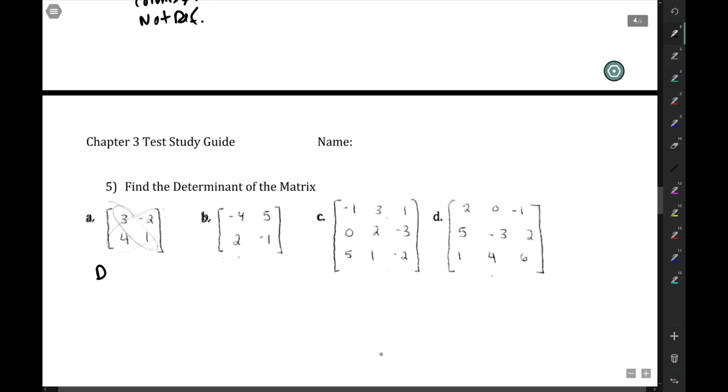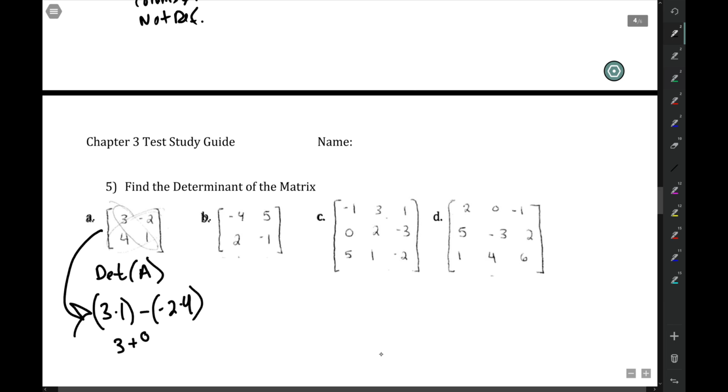Determinant, that's all in your calculator. Again, determinant of matrix A. Now, you can do 2 by 2s with the cross product. I showed that quickly: 3 times 1 minus -2 times 4, so this was 3 plus 8. You should get 11. But you can also use your calculator for these 3 by 3s.